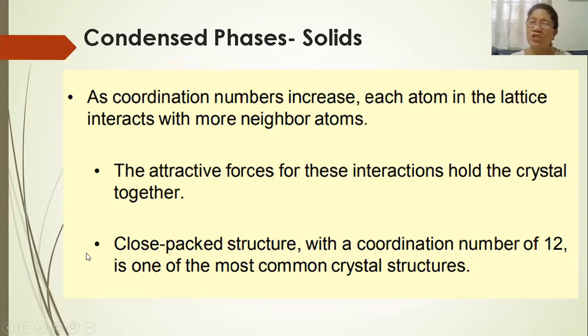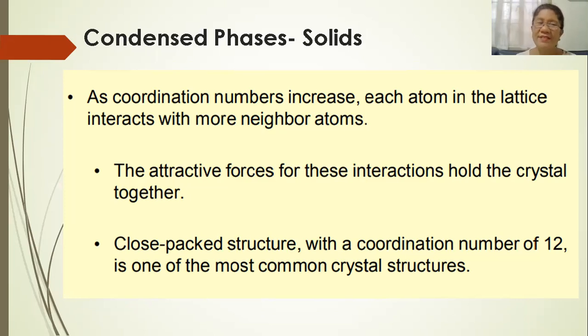So, what's the significance of coordination number? What if it increases or decreases? As the coordination number increases, what will happen to the atom in its structure? The lattice interacts with more neighbor atoms. So if you increase the coordination number, there is more interaction of atoms with their neighbor atoms.